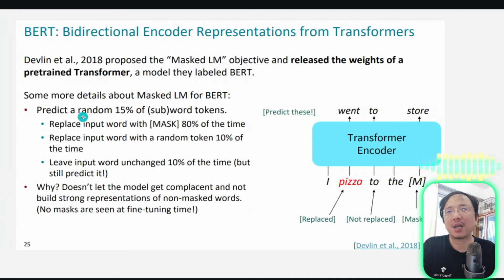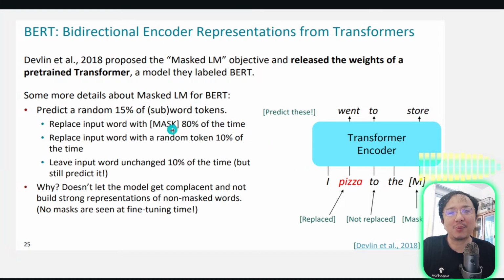So it predicts some 15% of subword tokens. Not every token has to be predicted. It predicts about 15% of tokens.